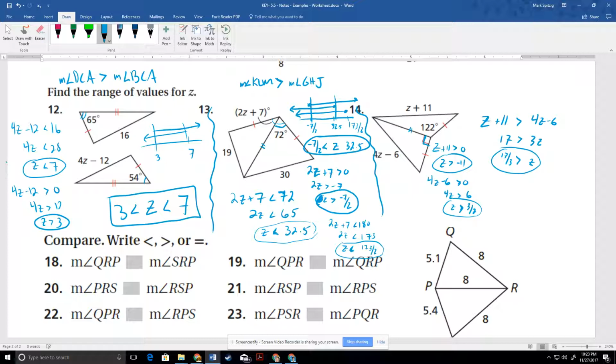Okay, so now we're thinking, we know that we have our number line here. We know -11 will be here, so it's got to be bigger than -11. It's got to be bigger than 3/2, which is 1.5, so it's going to be there. Also, we know that 17/3, like I said, was about 6, so we know it's going to be over here. It's got to be bigger than 17/3 as well.